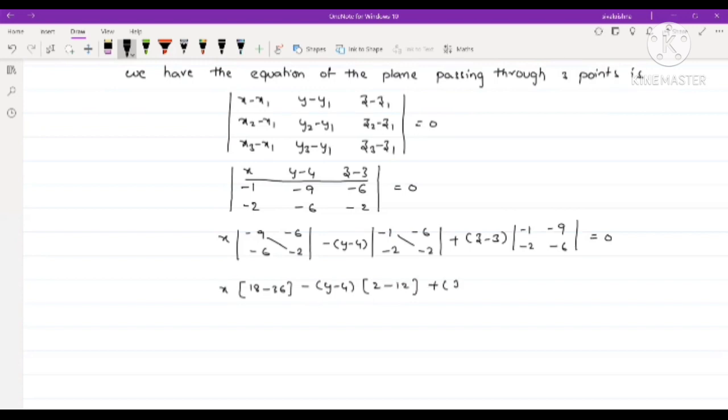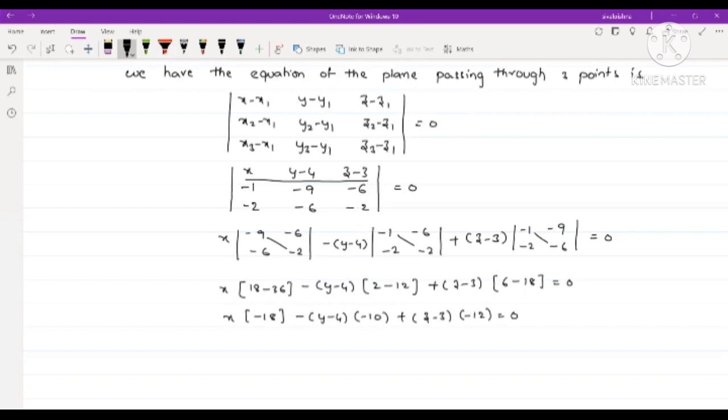Next plus third element, z minus 3 into, once again AD means minus 1 into minus 6 means 6, minus BC means minus 18 is equal to 0. Okay. So x into 18 minus 36 means minus 18, minus of y minus 4 into 2 minus 12 means minus 10, plus z minus 3 into 6 minus 18 means minus 12 is equal to 0.